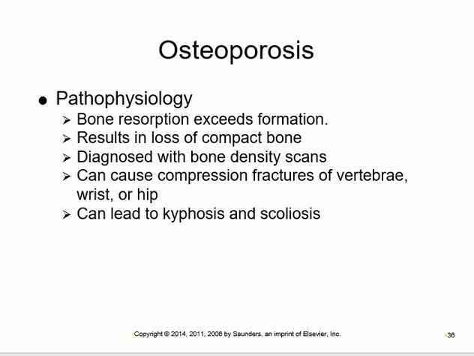So basically what's happening is the bone resorption exceeds the bone formation. Can you tell me which cells are taking the upper hand in this case? Do you remember the three types of cells? What are the three types? Osteoblast, osteoclast, and osteocyte. So which will be taking the upper hand?